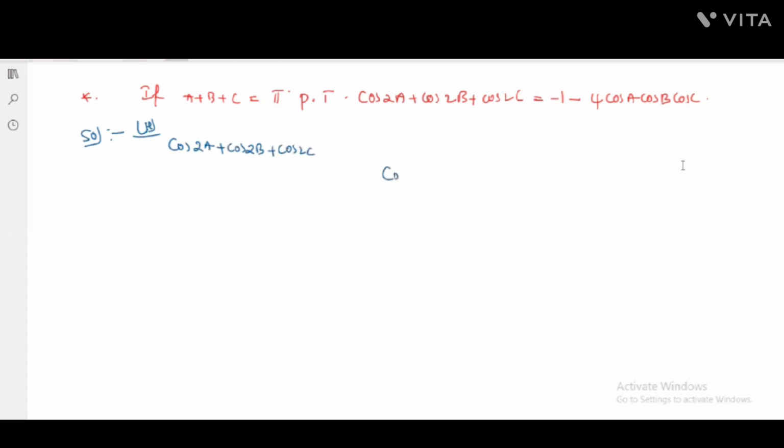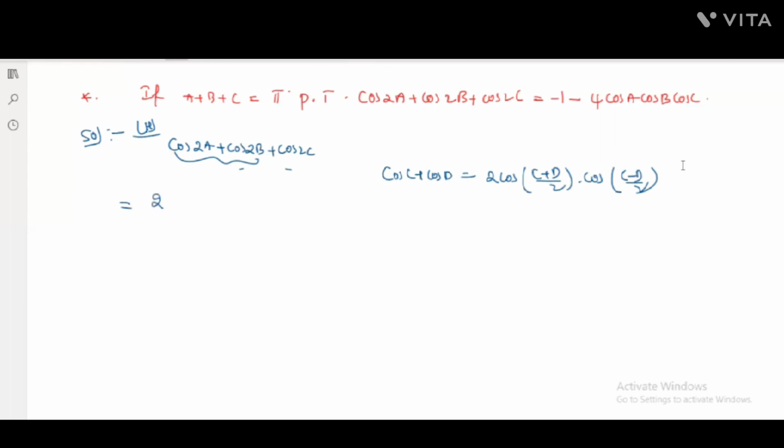So we know the cos C plus cos D formula as 2 cos((C plus D) by 2) into cos((C minus D) by 2). That we will apply for these two, or you can apply for 2A and 2C also. Anyway, we can solve in the same way, so we'll get the same answer.